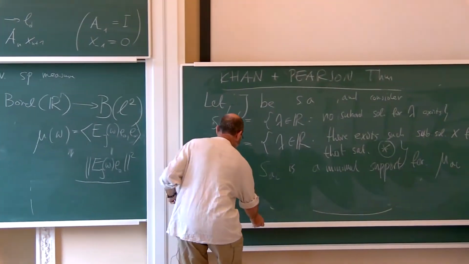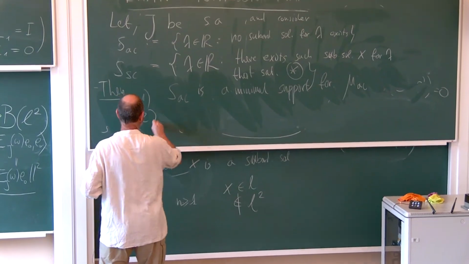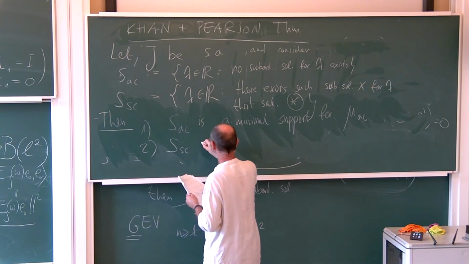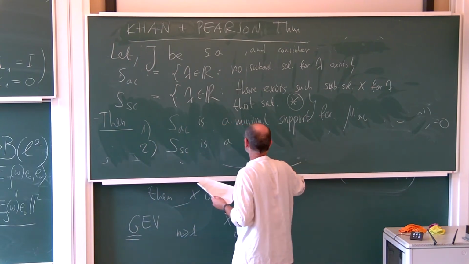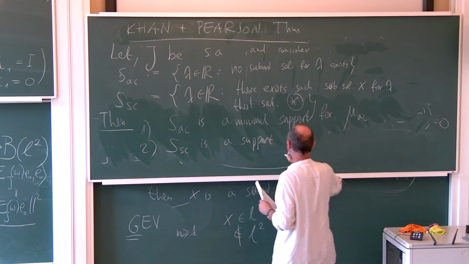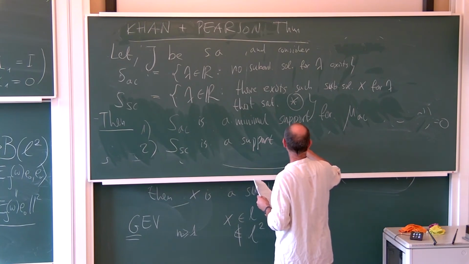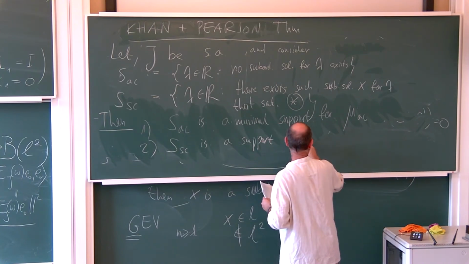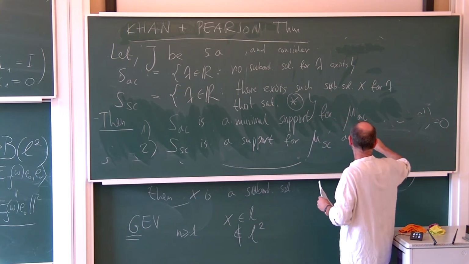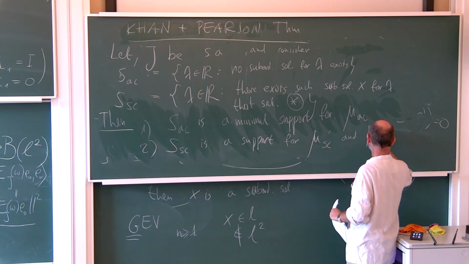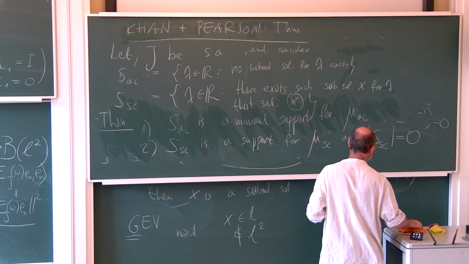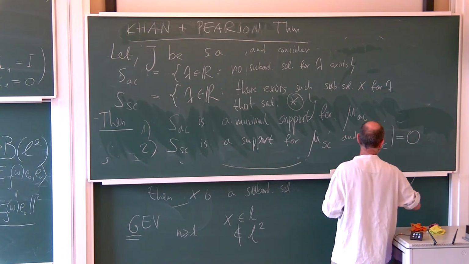This is part 1, and part 2 is that S singular continuous SC is a support, not minimal here, a support, in some sense also minimal, but a support for mu singular continuous, and the Lebesgue measure of this set is 0.